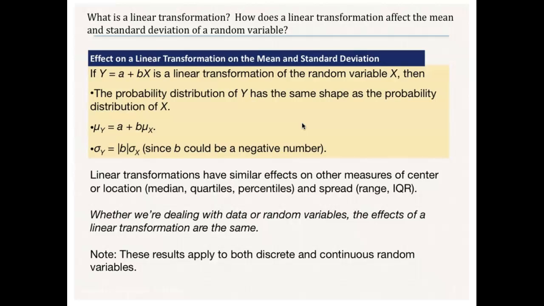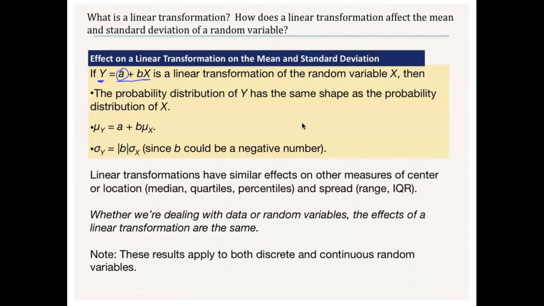This is just a summary of everything we went over. This is symbolic instead of the ones I gave you before were verbal. So this kind of just shows you all in one if you have a linear transformation. So we're transforming x to y, and we're doing that by adding a and multiplying by b.